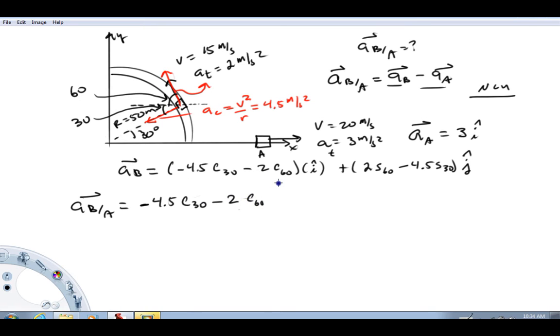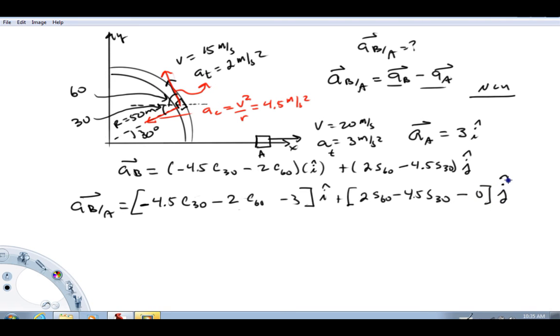So that's this minus 3 i. Then we're going to have plus. All right, j direction, we're going to have this guy, 2 sine 60 minus 4.5 sine 30, right, minus the j component of this, but it doesn't have one, so I'll just put minus 0. And then I'll just tack that on j.